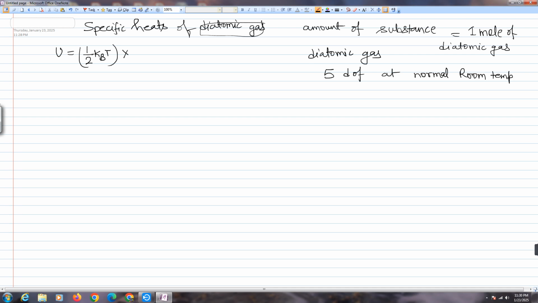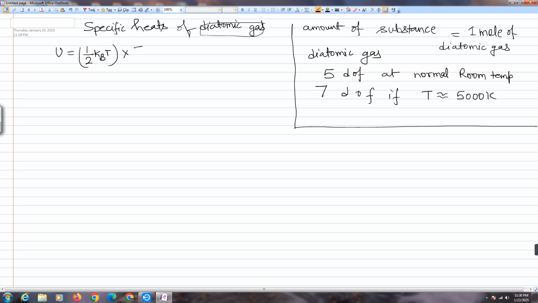The second condition is a diatomic gas will have 7 degrees of freedom if temperature is approximately equal to 5000 Kelvin. Here we have to keep in mind that 2 degrees of freedom will be additional because of vibrational motion. So here we are dealing with the simple case, which is at normal temperature.